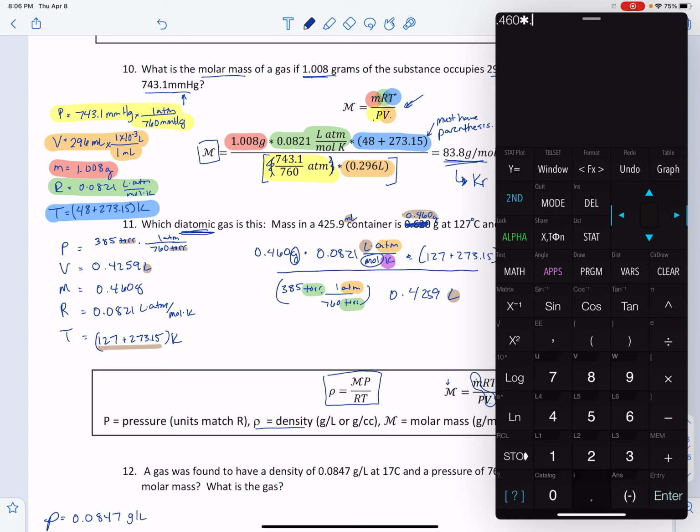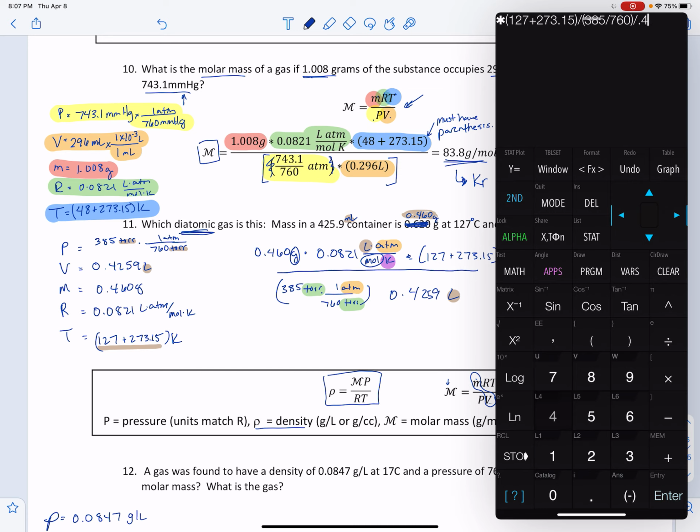0.460 times 0.0821 times parentheses 127 plus 273.15, divided by 385 divided by 760. And then, I'm not sure how I ended up with the one.